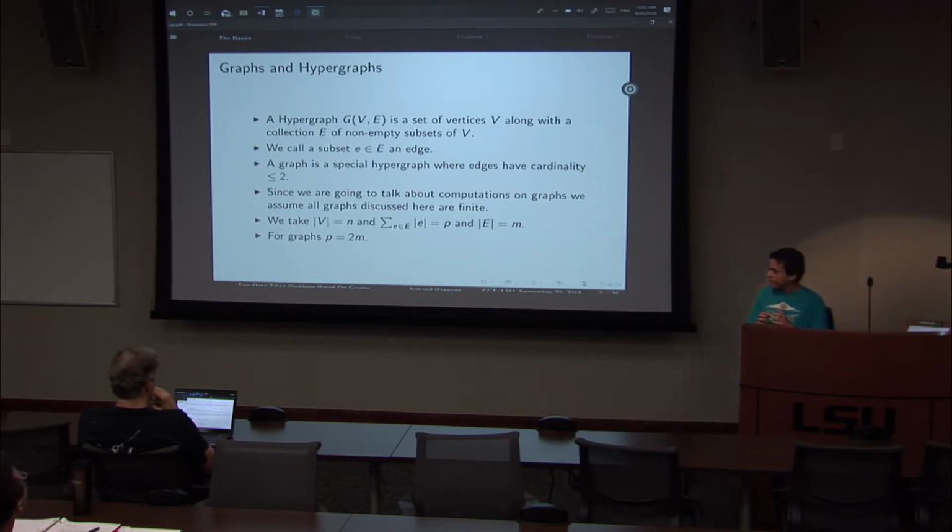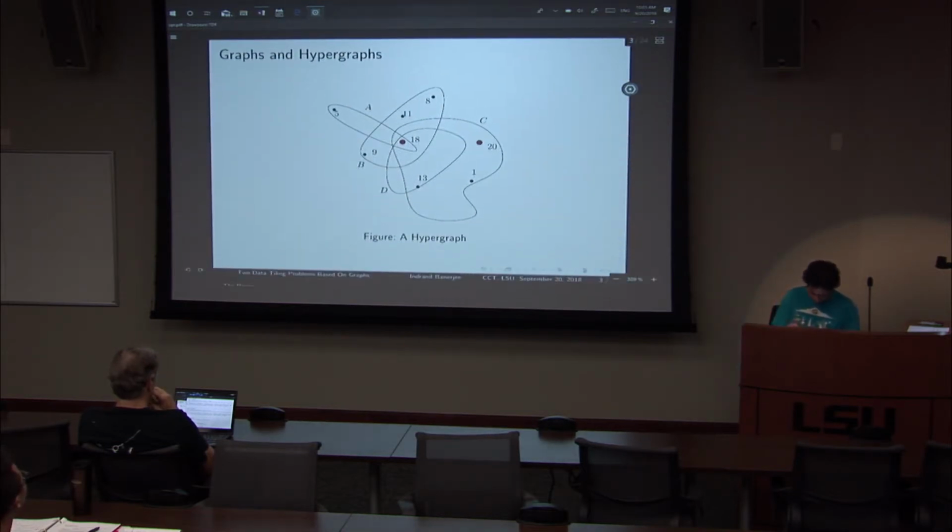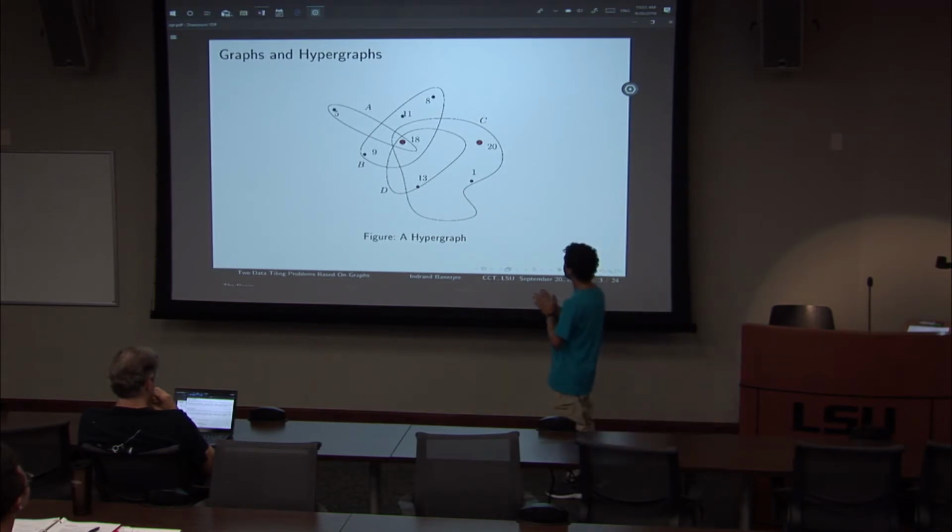Okay, so let's start with what a hypergraph is. Here's an example of a hypergraph. Ignore the numbers on those vertices for now. They have no bearing on what I'm going to talk about. I was using another example from another problem where I actually had numbers on the vertices.